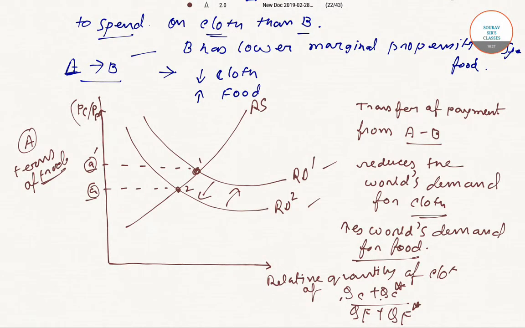So the terms of trade of A deteriorate. Why? Because the donor, that is A here, which is transferring the income, has a high marginal propensity to spend on clothes. So I hope you have understood how a transfer affects the terms of trade.